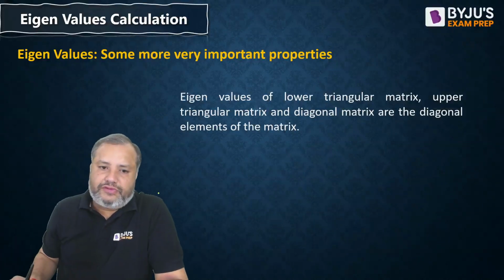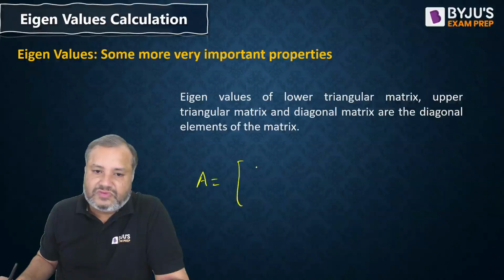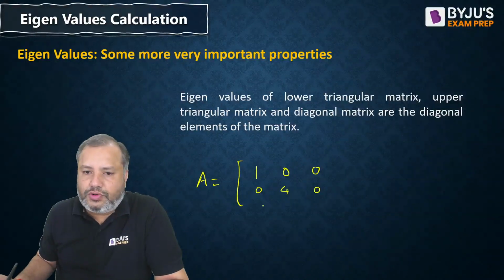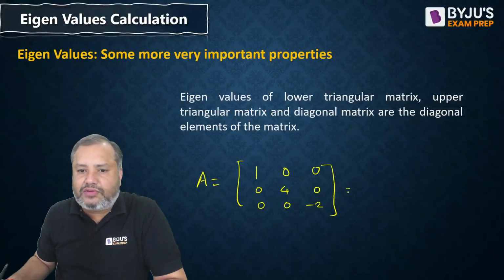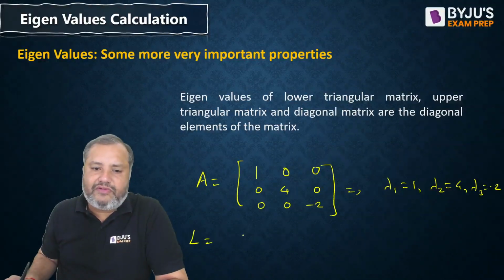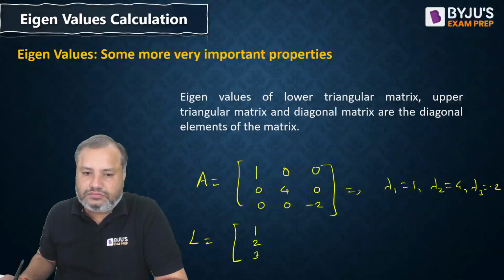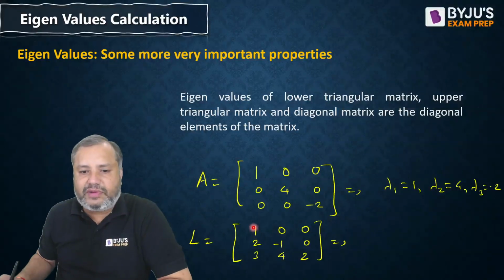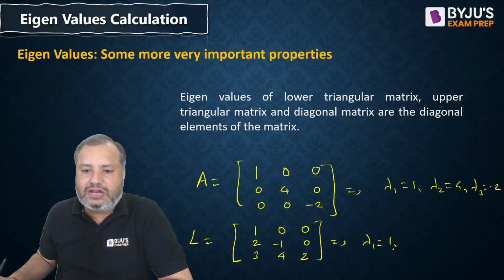So suppose I am having a matrix like this: 1 0 0, 0 4 0, 0 0 minus 2. Clearly this is a diagonal matrix. So eigenvalues will be lambda 1 equal to 1, lambda 2 equal to 4 and lambda 3 equal to minus 2. Similarly, if I am having a lower triangular matrix, the principal diagonal elements are 1, minus 1 and 2. So the three eigenvalues are 1, minus 1 and 2.